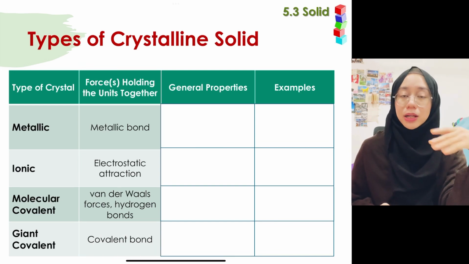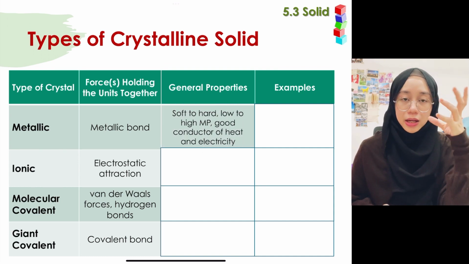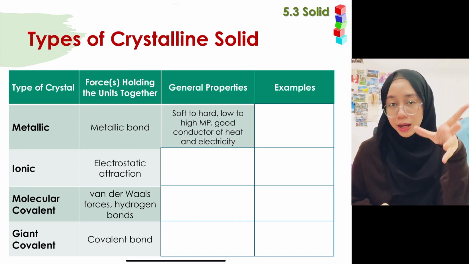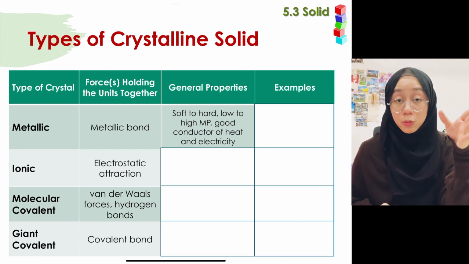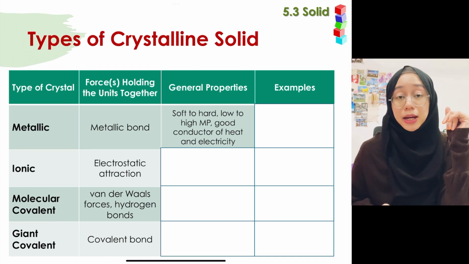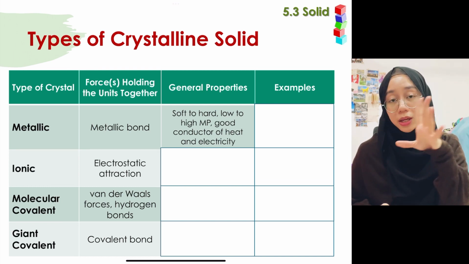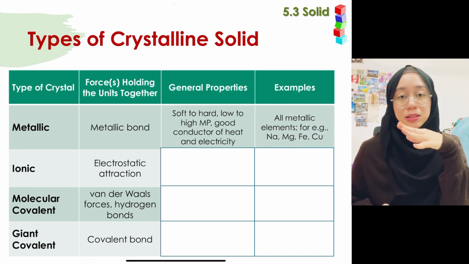Okay, kalau giant covalent bond lah. Okay, in terms of general properties, kalau metallic, it is soft to hard, depends dengan type of metal tu, and then melting point dia pun varies juga from low to a high boiling point, but then it is a very good conductor of heat and electricity since dia dipenuhi dengan sea of electrons kan, metallic bond. Okay, so for example, semua metal.